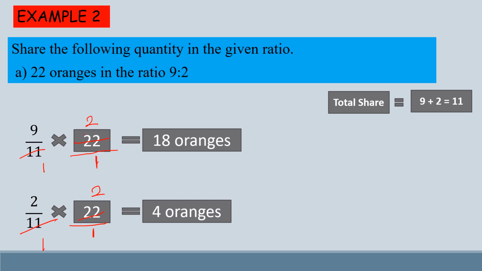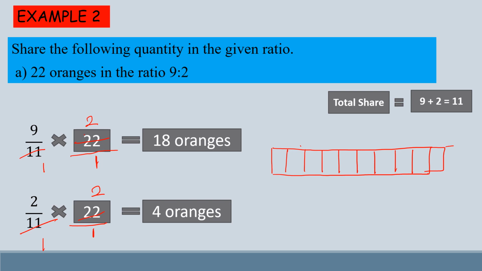Now, there is a way of checking to make sure that your answer is correct, a visual way where we're going to have 11 squares. 1, 2, 3, 4, 5, 6, 7, 8, 9, 10, 11. Okay, so what we're saying is 11 total shares, right?